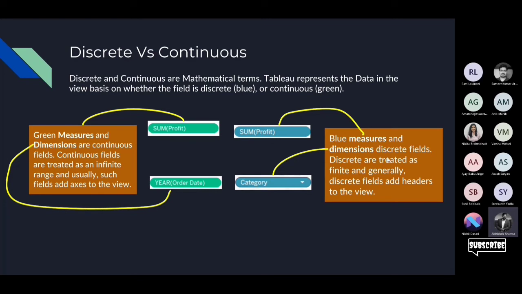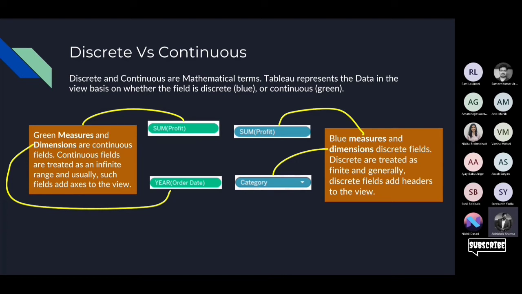Blue measures and dimensions are discrete fields. Discrete fields are treated as finite, and generally discrete fields add headers to the view. Okay, so this is an important distinction. This will add axes to the view, and this will add headers to the view. Something that we are going to see now.